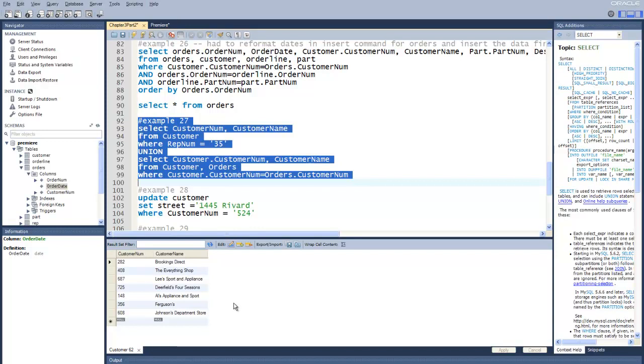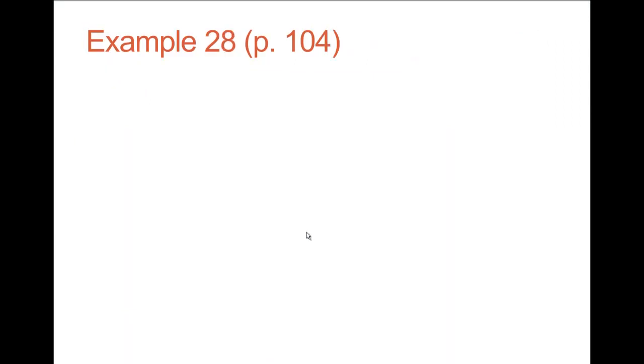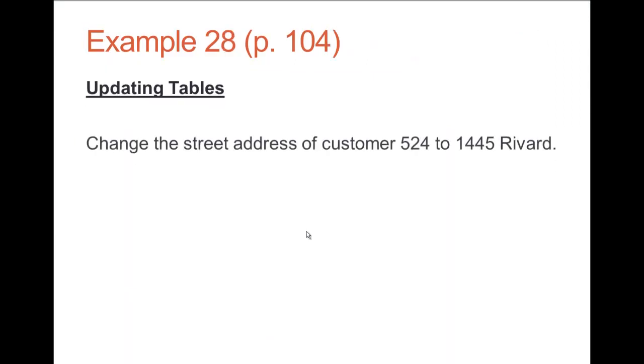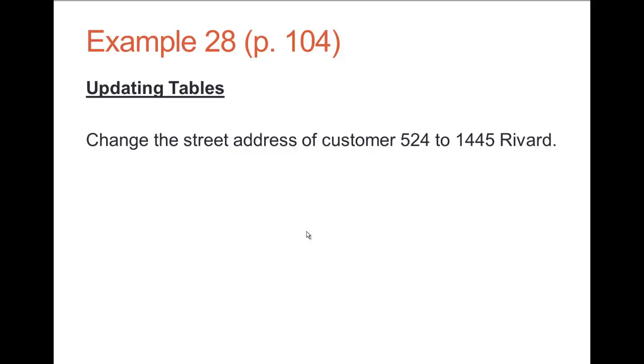Example 28 starts to introduce our action queries. The first action query we're going to do is an update query. Now, when you do these next 3 queries, 28, 29, and 30, you're going to be modifying the data in your actual tables.